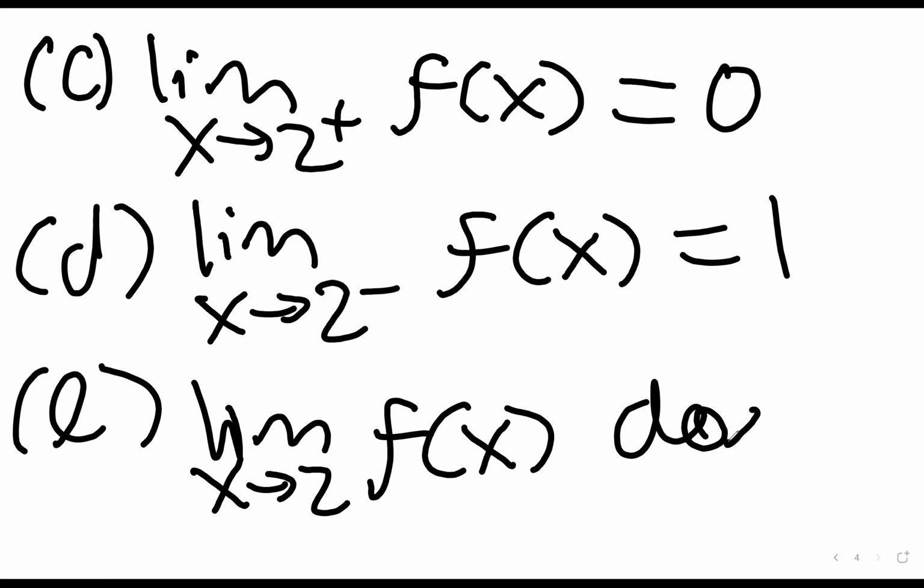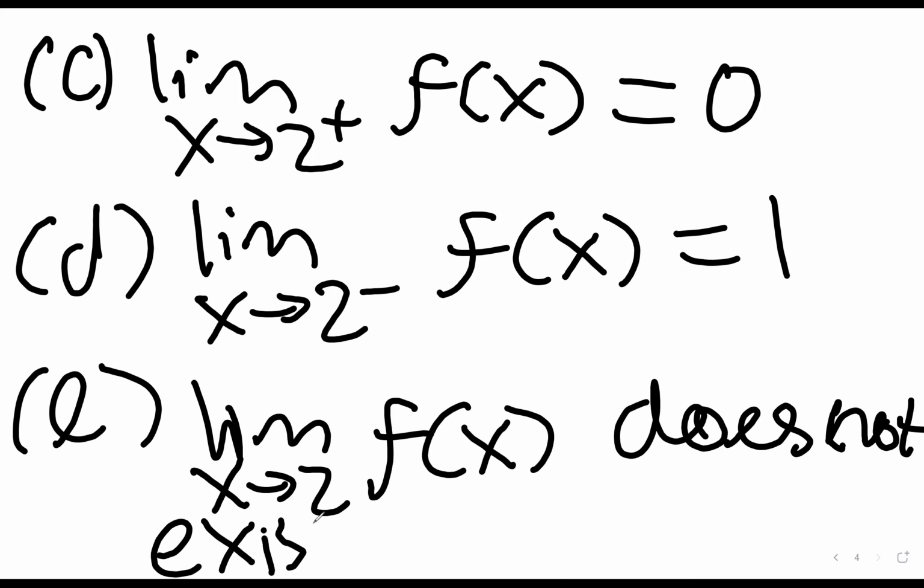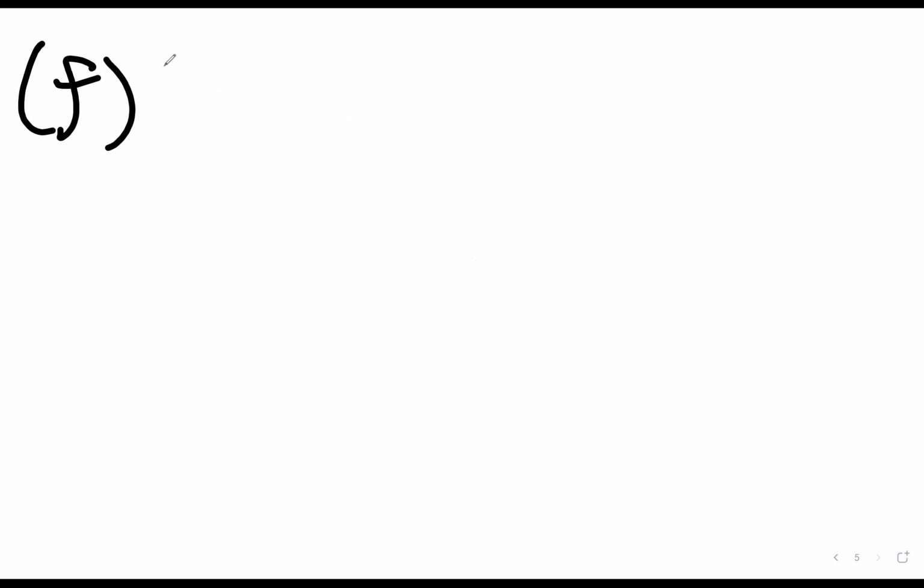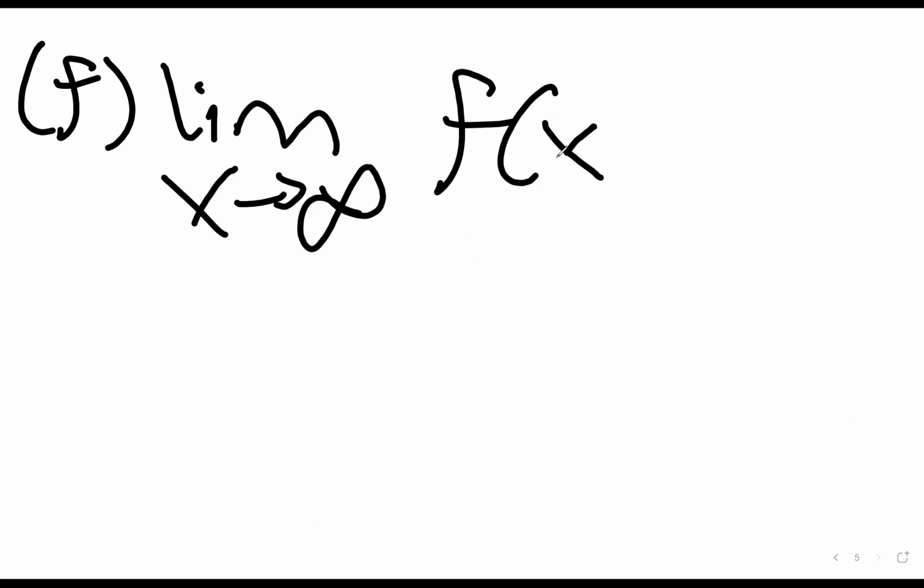And obviously, part f: the limit as x tends to infinity of f of x equals 1. It's a horizontal asymptote. Okay, any question or comment up to this point?